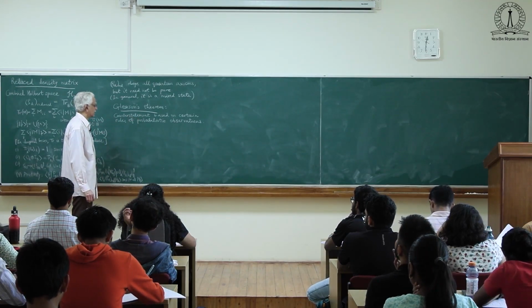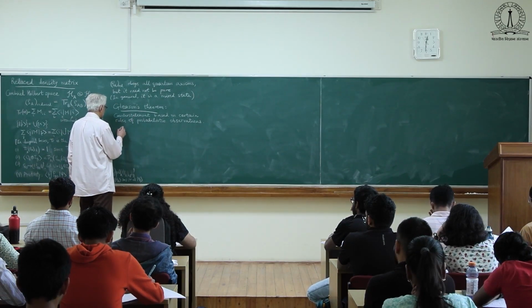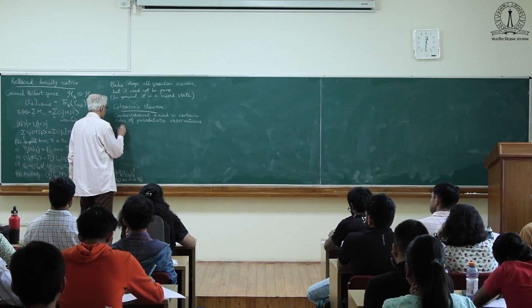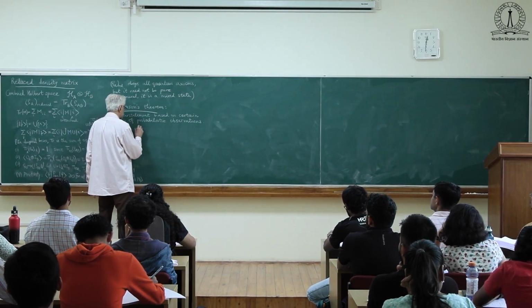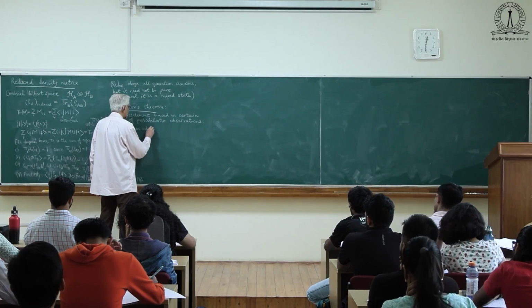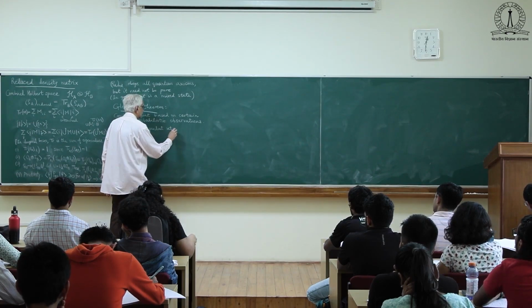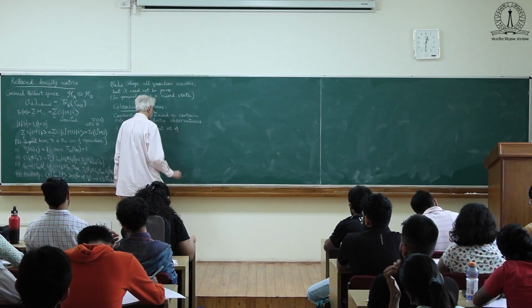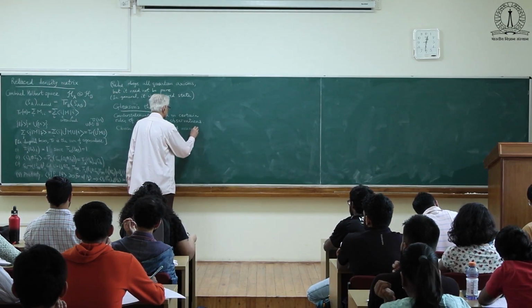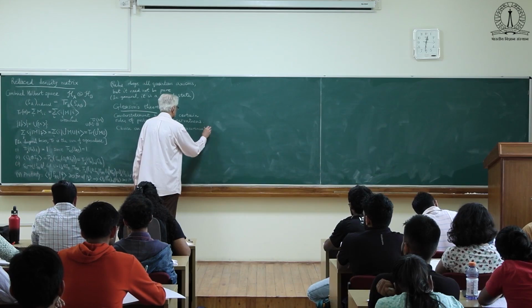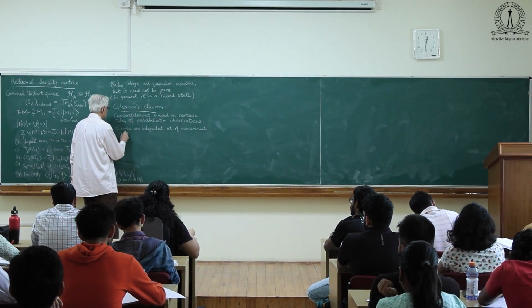So what do you expect the probabilistic rule to be? Well, very simple things: choose an independent set of measurement results.